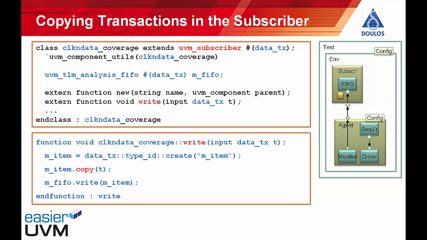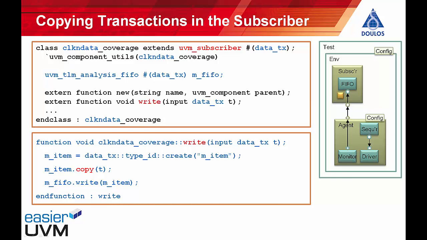And it's critical that both transactions already exist. So copy doesn't create any new transactions. Copy copies fields between two existing transactions, in this case copying from T into mitem. So you can see that when the subscriber receives a transaction, it creates a brand new transaction by calling create, then makes a copy of the transaction it's passed before writing that copy into the FIFO by calling the FIFO's write method. So that's how you use copy.